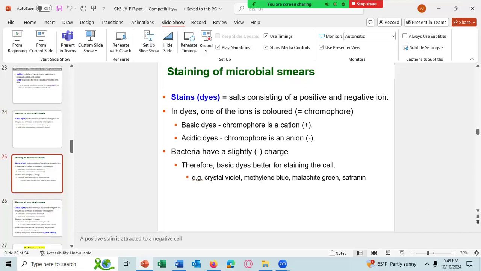Therefore, a basic dye is generally better for staining the cell, because the positive chromophore of the basic dye will be attracted to the slightly negative cell. And then the cell will stain the color. Some basic dyes include crystal violet, methylene blue, malachite green, and safranin. And we'll talk about all of these different dyes. Any question about any of them?